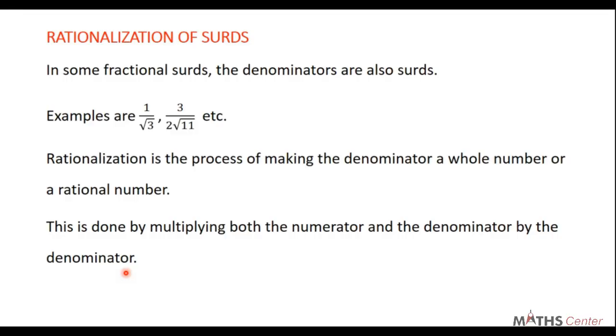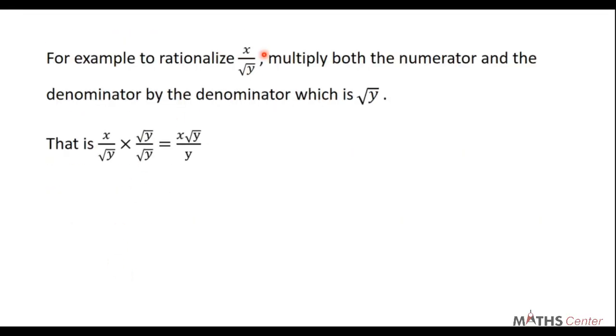Let's pick an example to illustrate this. If you have x over square root of y, you can see from here that this is a fractional set, and the denominator is also a set. So you have to rationalize this. What you do is multiply both the numerator and the denominator by the denominator, which is square root of y.